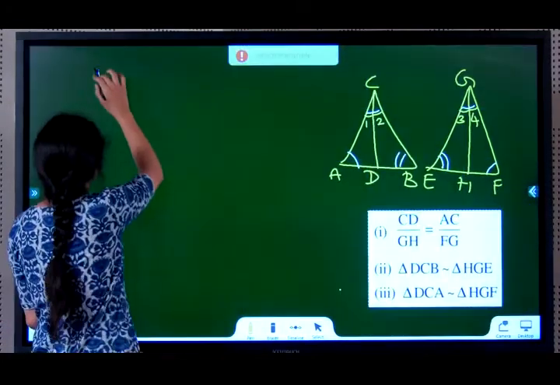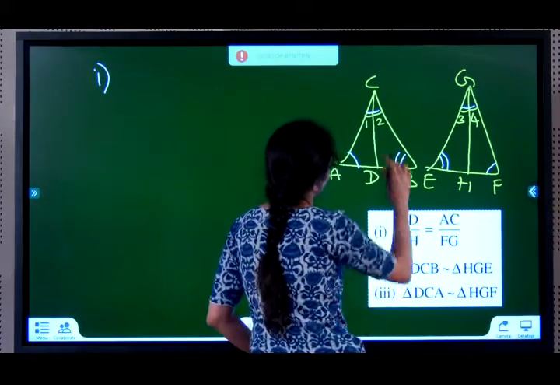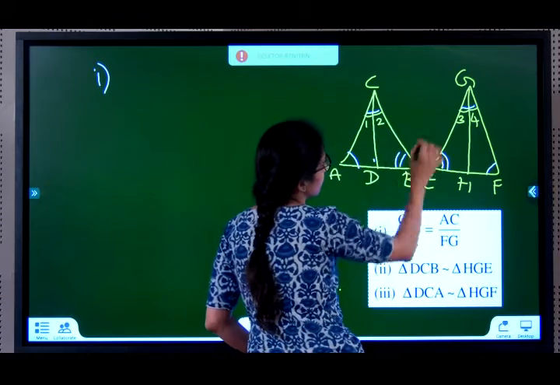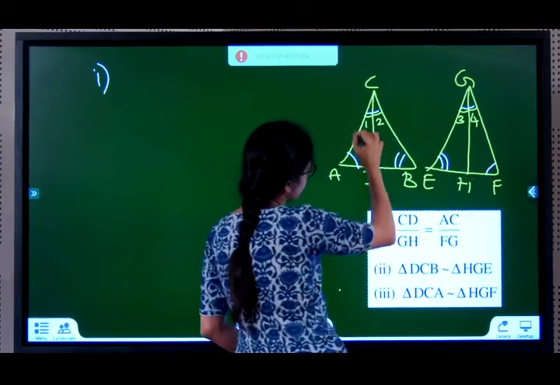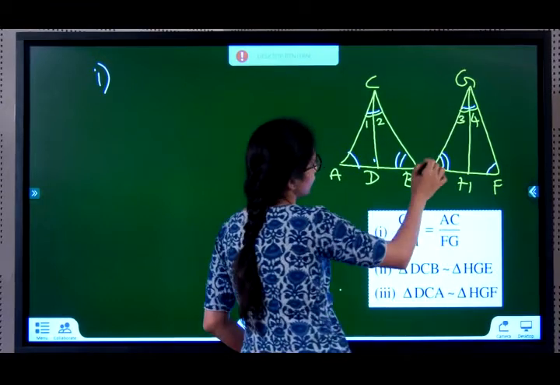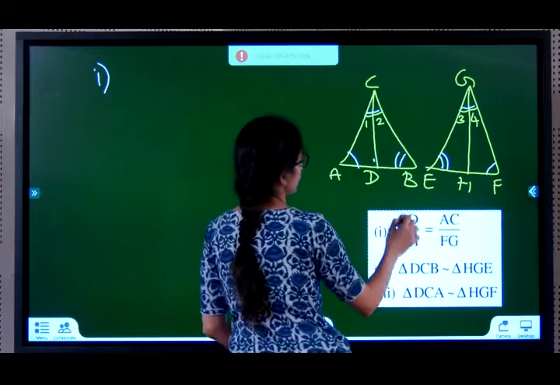Now for the first part they are asking us CD by GH. CD by GH is equal to AC by FG. Sorry, yeah, by FG. I'll just draw it so I'm not getting confused.